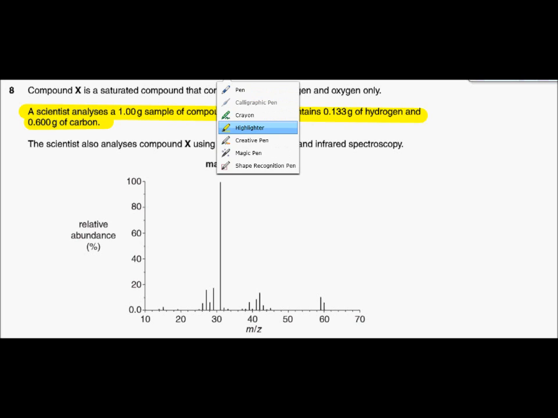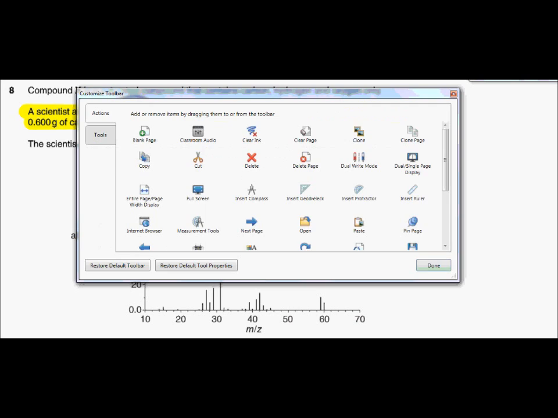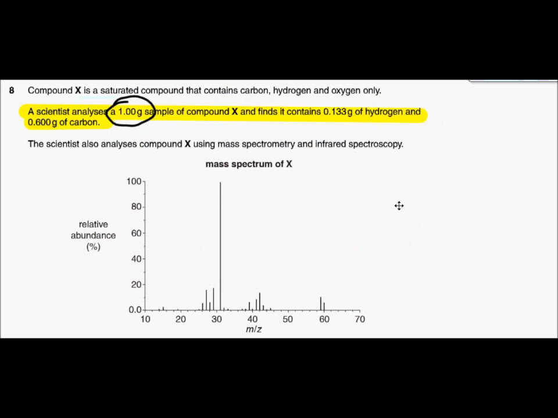that we have 1 gram of the sample. So we can start off by doing 1 minus 0.133 minus the mass of carbon as well, 0.6, and that will give us the mass of oxygen.